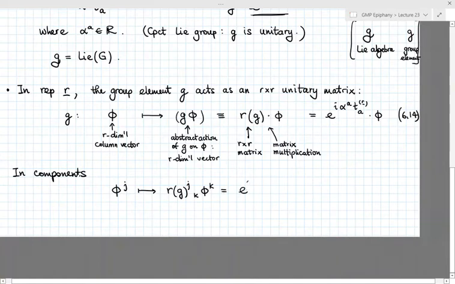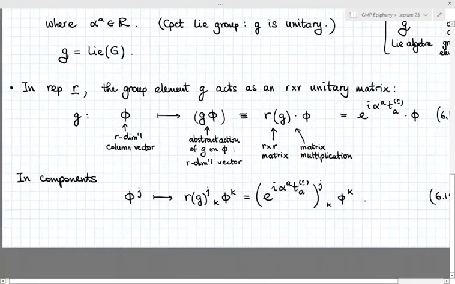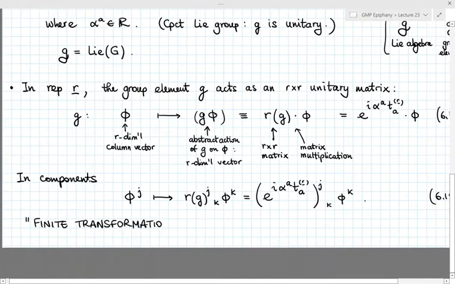And this is, again, exponential i alpha A TA in representation R. This is a matrix, has indices j and k, which multiplies phi k, and the repeated indices k here are summed over. So sometimes I'll call this transformation by a group element the finite transformation of phi.